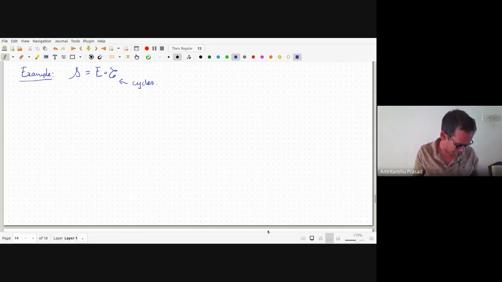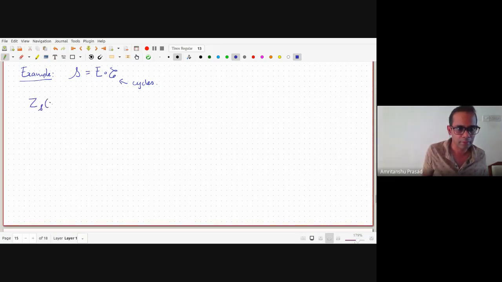So what does this say? What this says is that ZS is the exponential of the summation over k greater than or equal to 1 of xk circle ZC over k.